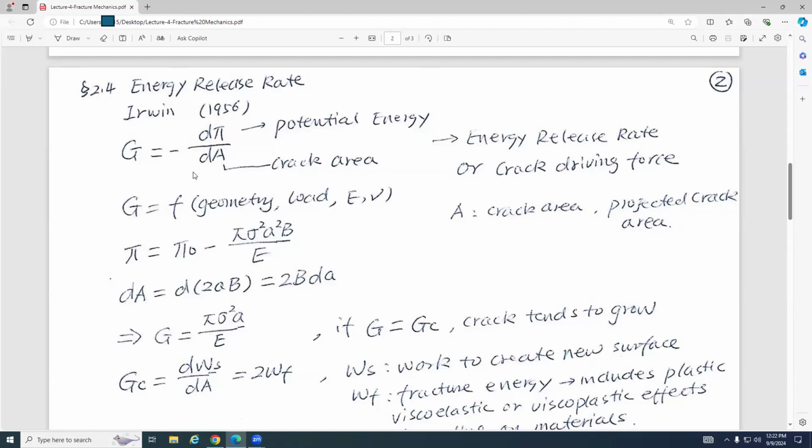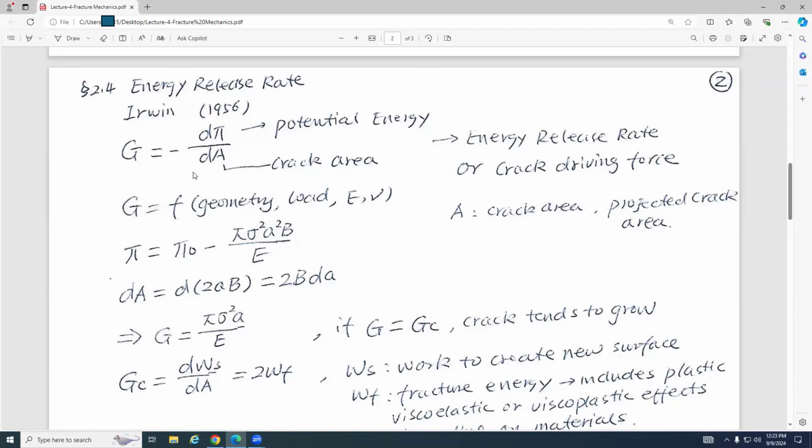Right? And then we look at G, the derivative of potential energy with respect to capital A, so G equals d Pi dA. Based on the calculus we have learned, d Pi dA equals d Pi da multiplied by da dA. You guys agree with this step?